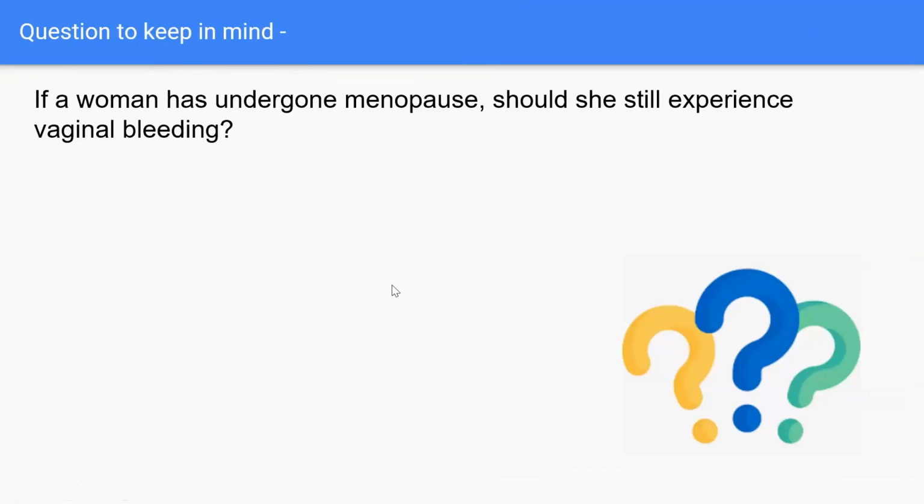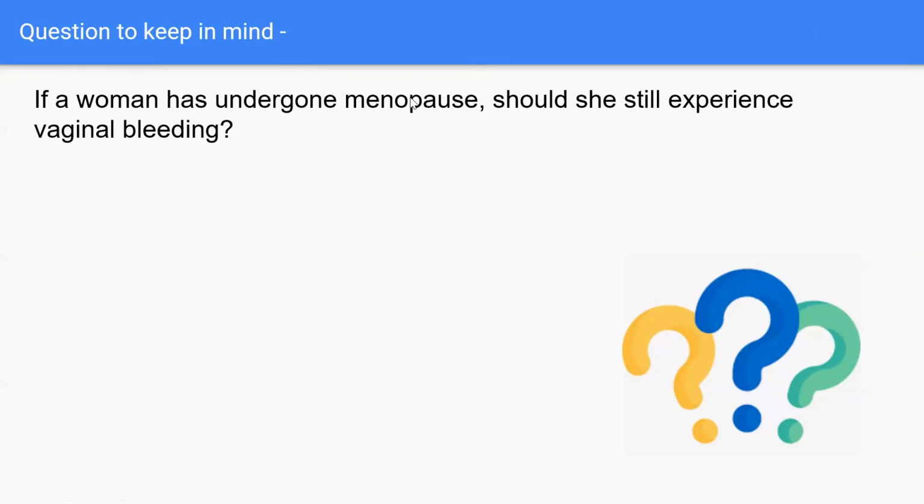Great. All right. So knowing all of that, if a woman has undergone menopause, what do you guys think? Should she still experience bleeding from the vagina or menses? No. Yeah, right. The whole point of menopause is a pause on menstruation, right?